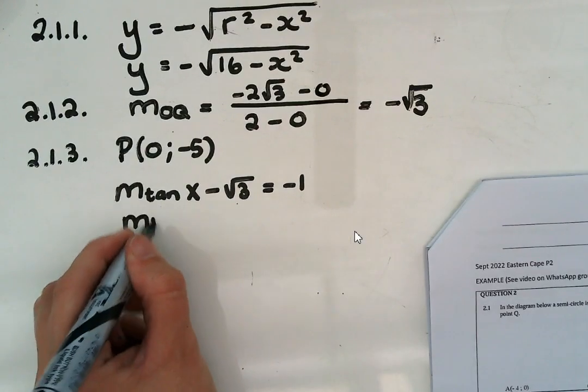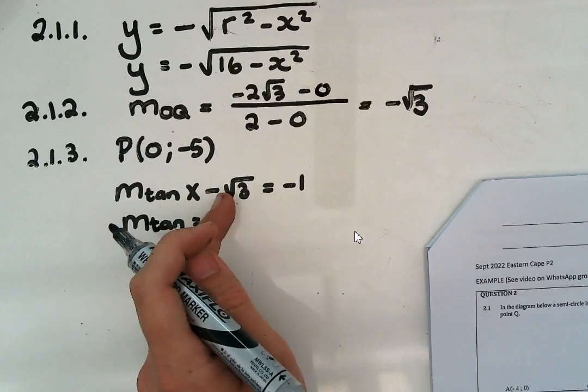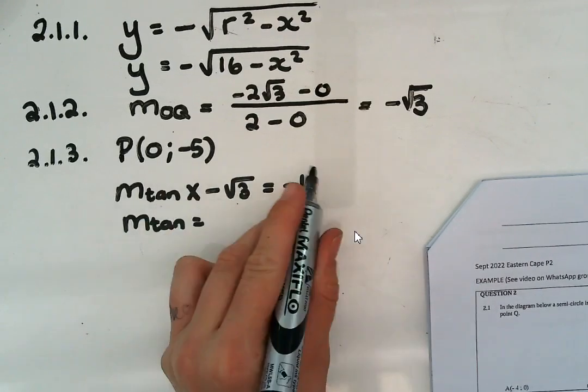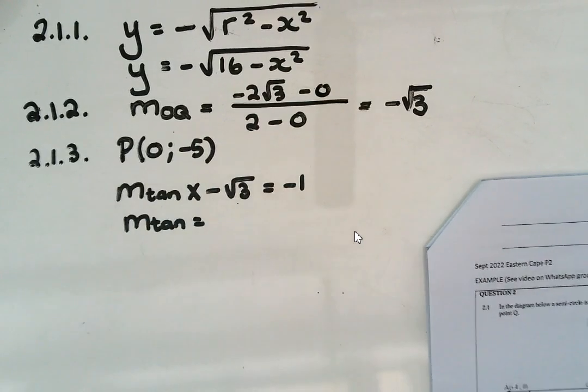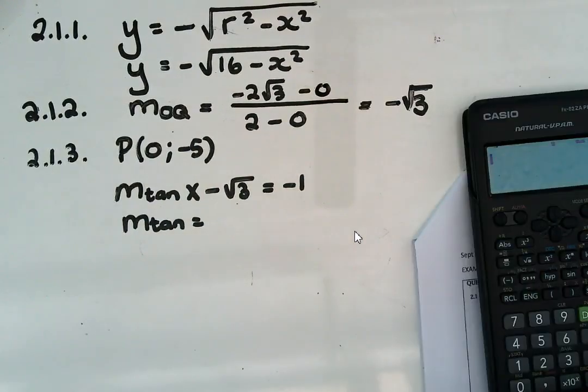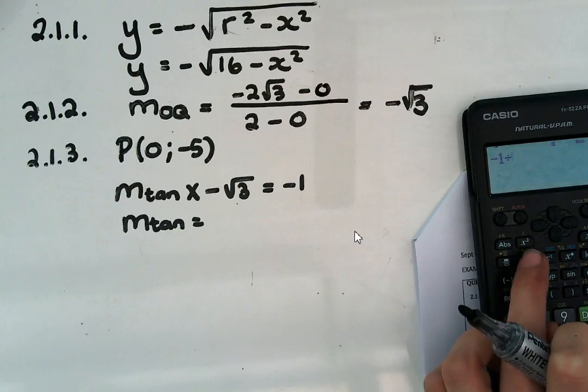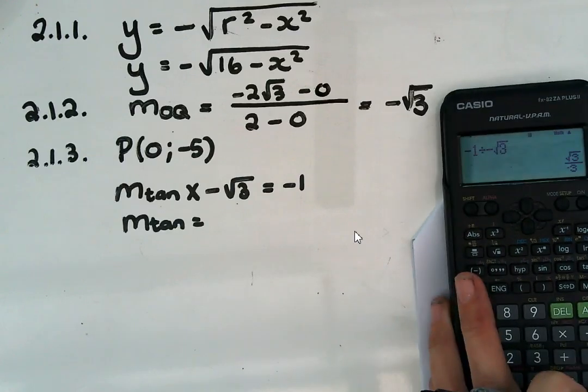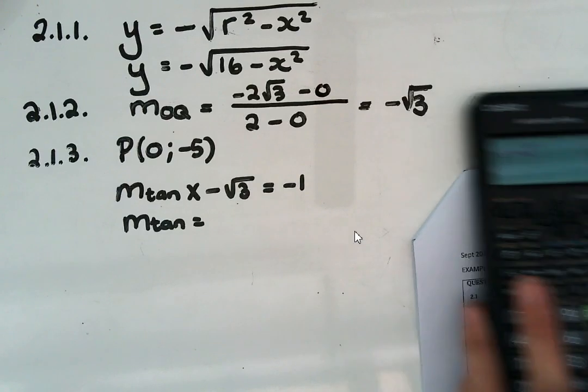So the gradient of the tangent is going to be -1 divided by, if I transpose this, -√3. Even on my calculator, -1 divided by -√3 gives me √3/3, a positive value.